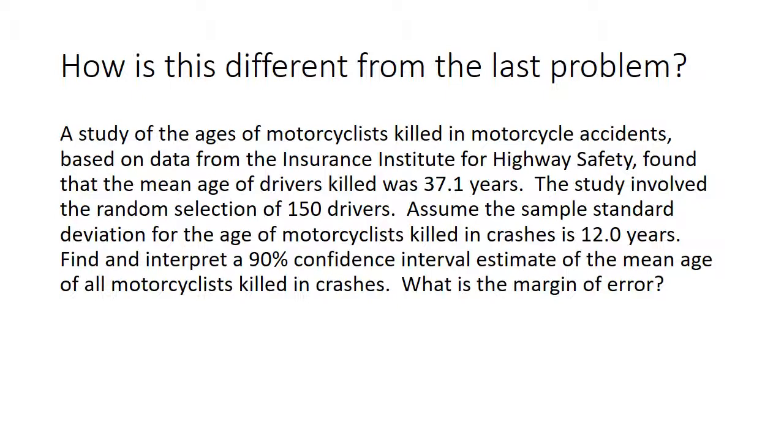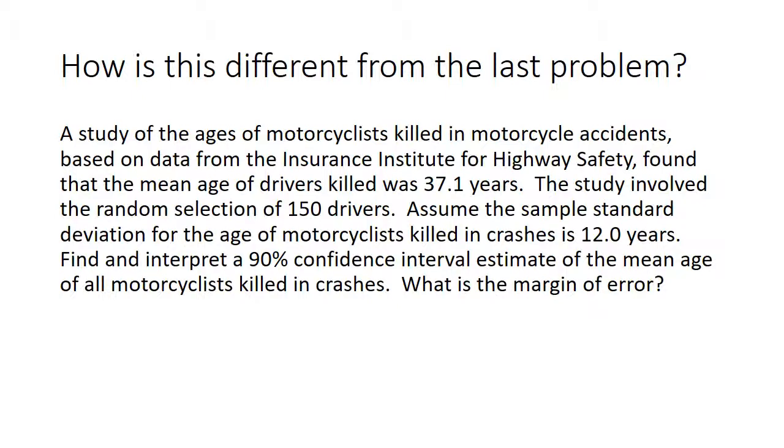What is our margin of error? So here, we still have a problem where we assume we have a good study. We don't have anything in there screaming, this is terrible, it's biased, throw it out. So we assume we have a good study. Our N of 150 subjects in the study is big enough that we don't care what the underlying population distribution is.